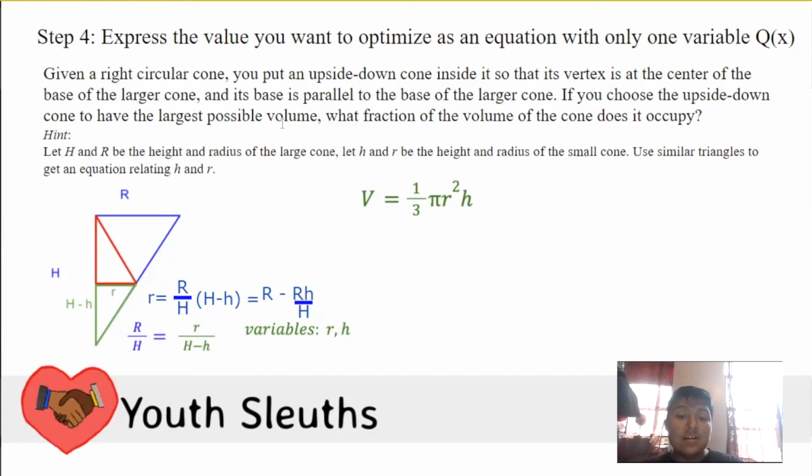So now we could plug in our little r into the volume equation. So we have that as equal to 1/3 pi, and then we multiply what we found for little r. So we bring it over.